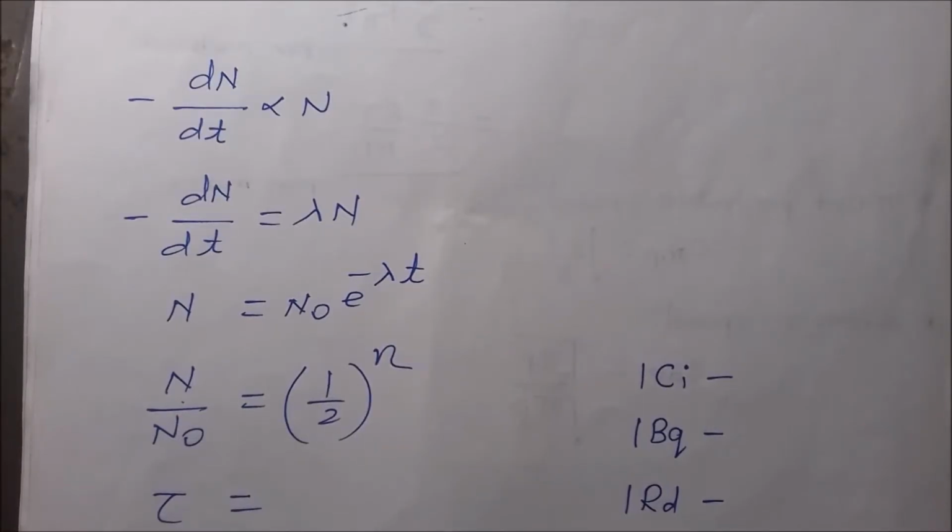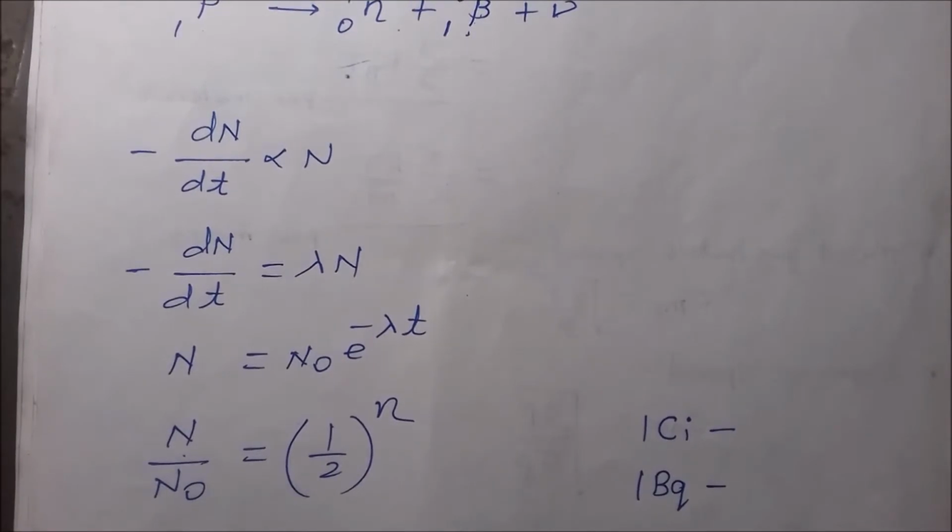Then the radioactive decay law. Minus dN by dt is proportional to N. N is the number of atoms available at that time. Then minus dN by dt is equal to lambda N, and lambda is the proportionality constant called the decay constant.